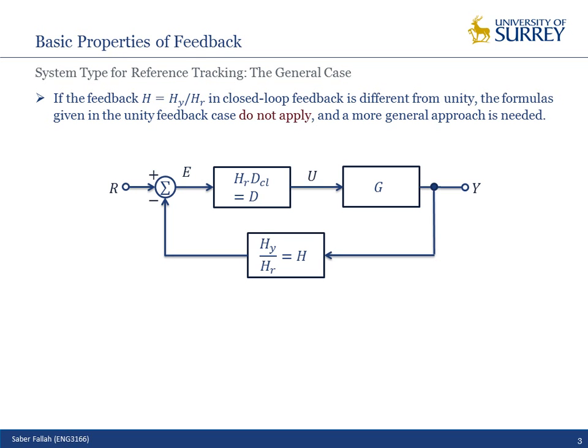If you remember, we defined the transfer function H in feedback as the ratio of HY, the sensor transfer function, over HR, the input shaping transfer function, and the closed loop control transfer function as block D.